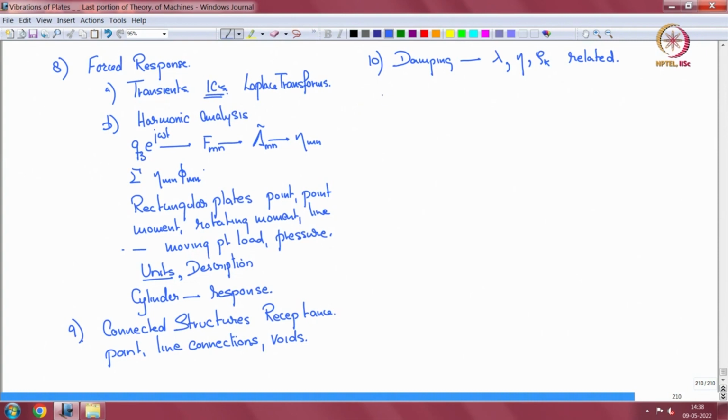For example, you can derive equations for a barrel type system, a barrel. Okay, so a cylindrical barrel, where the sides are now curved.